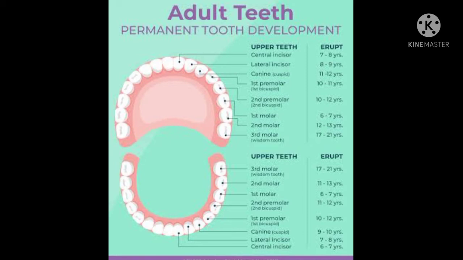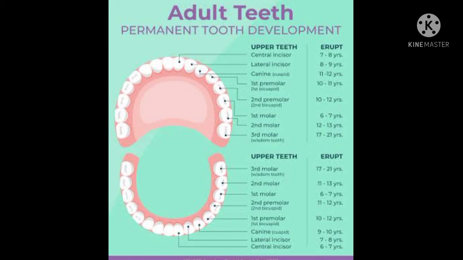Canine erupts at 11 to 12 years. First premolar erupts at 10 to 11 years. In babies there was no premolar, but the premolars are here. The second premolar erupts at 10 to 12 years.